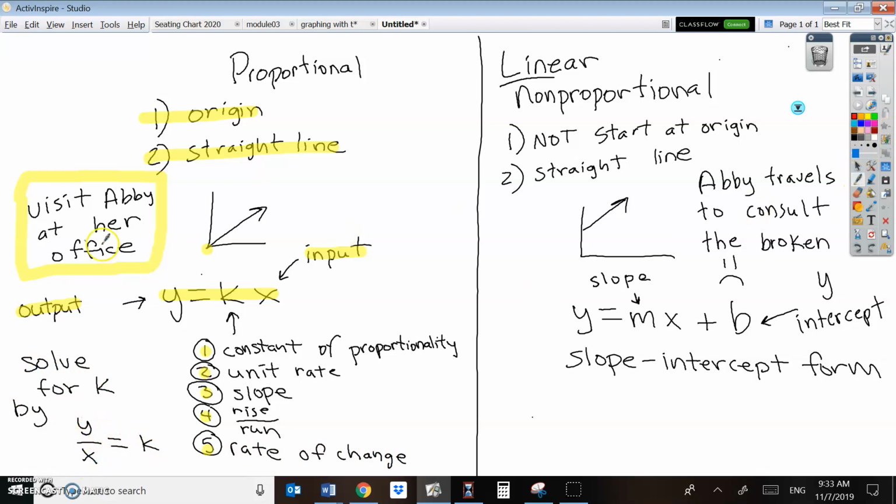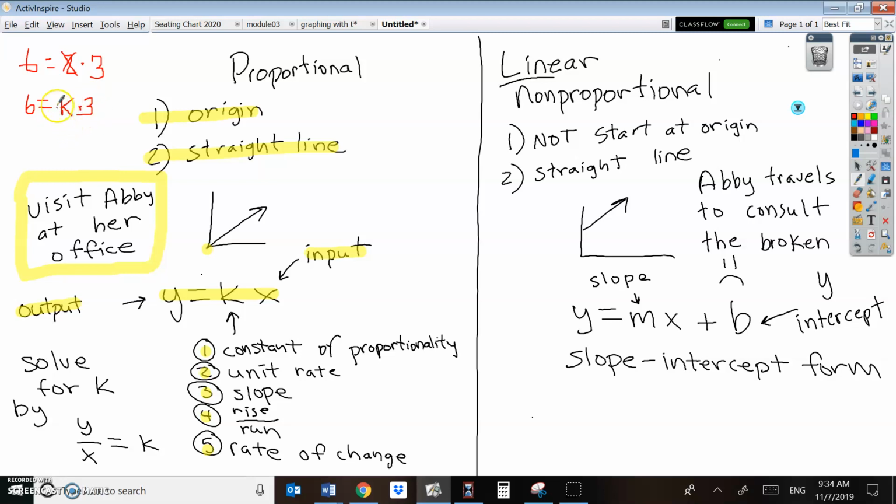So, for instance, if you had this equation right here, 6 equals 2 times 3, but then pretend we didn't know this, so we'd say 6 equals k times 3.